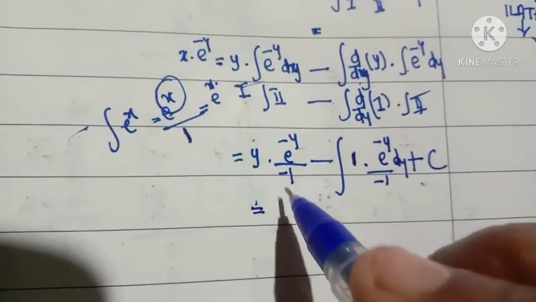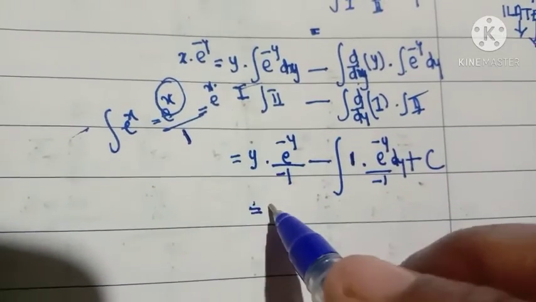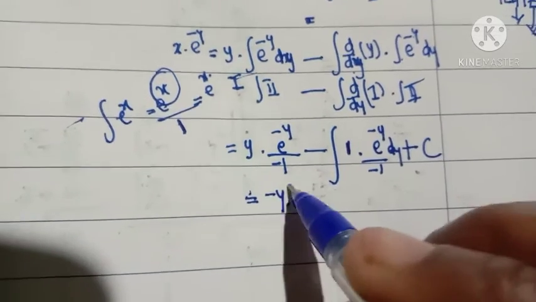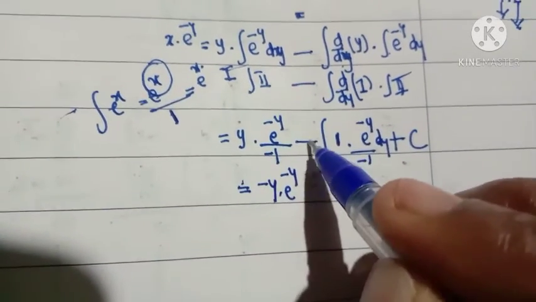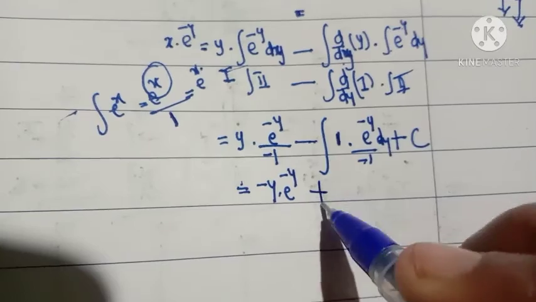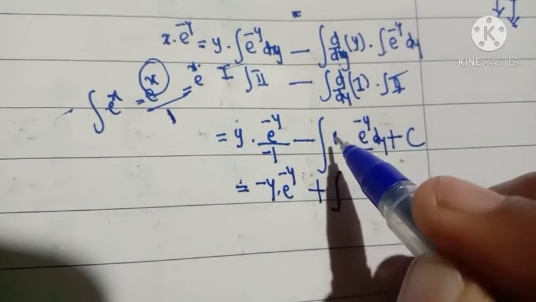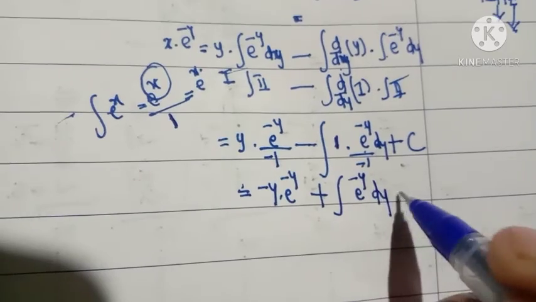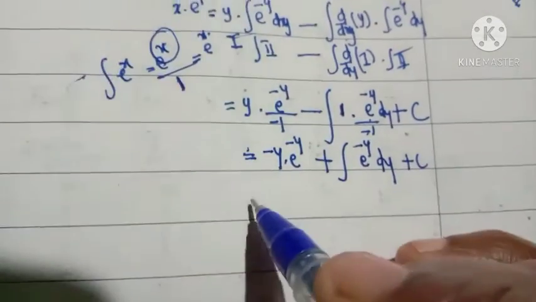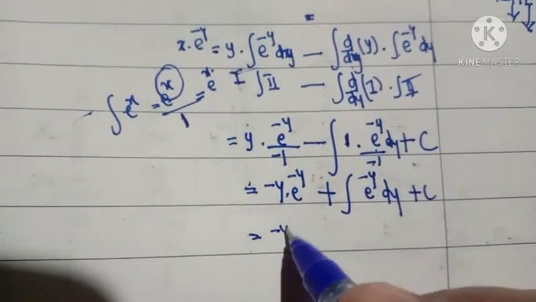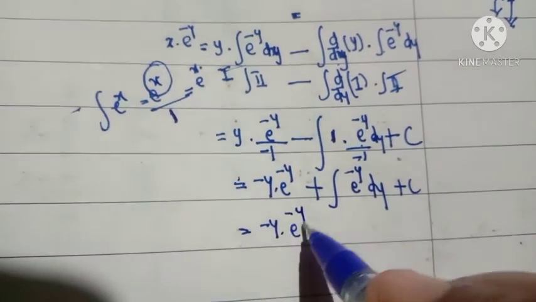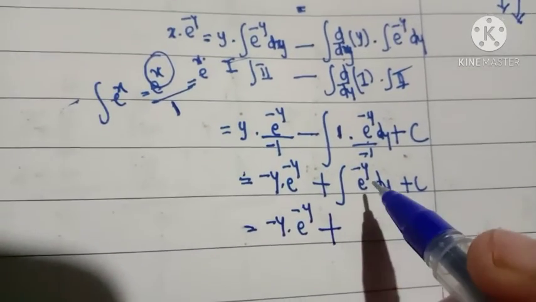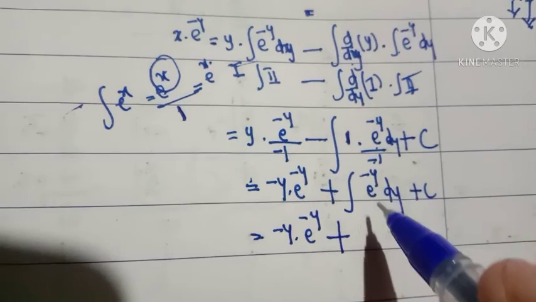So this is written as minus y e raised to minus y. This minus and minus become plus integral 1 into e raised to minus y dy. So this is equal to minus y into e raised to minus y plus integral of e raised to minus y.